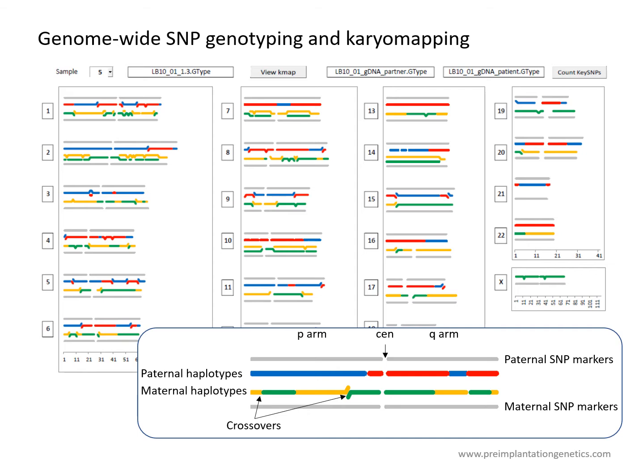What you can see here is karyomapping viewing software that I created some years ago, which displays, genome-wide across each chromosome, the parental haplotypes present and the position of recombinations or crossovers. Furthermore, it highlights any regions where both haplotypes from one parent are present, indicating meiotic trisomy.